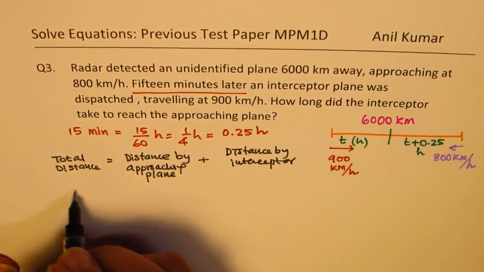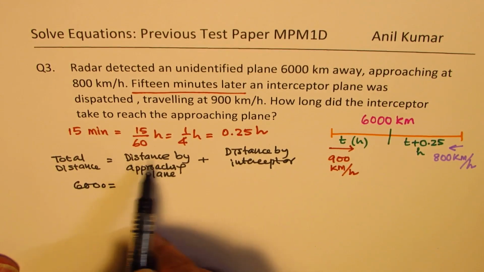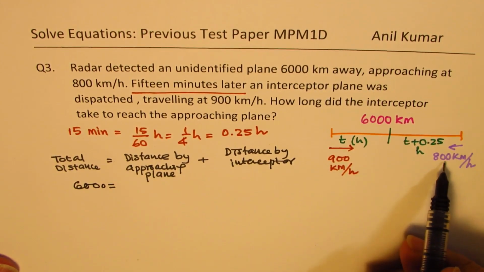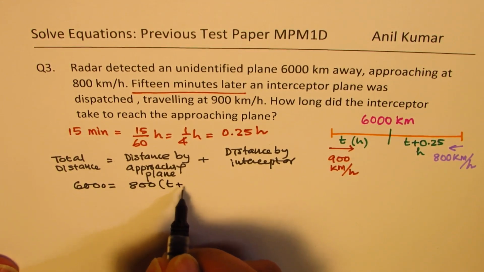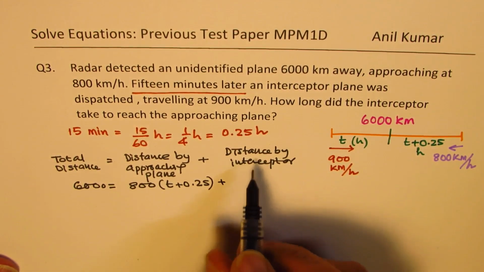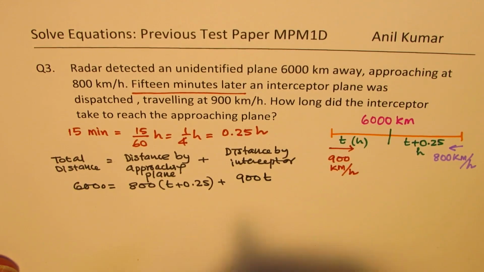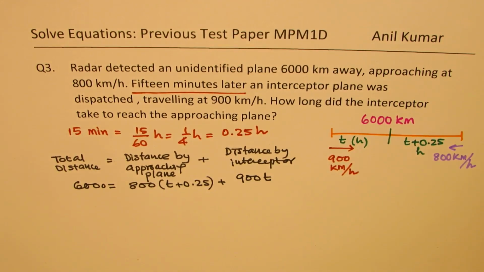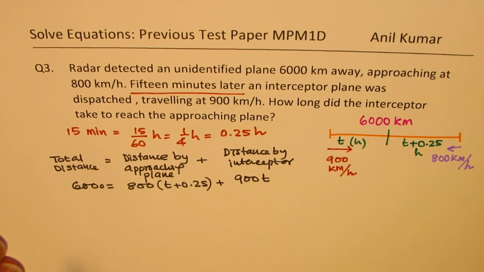So the total distance is 6,000 kilometers. That is equal to the distance traveled by the approaching plane. The speed is 800 kilometers per hour, and time is t plus 0.25. And for the interceptor, it travels for t hours, so it is 900t. So that is how you get your equation. Clear? Now let's solve for time t.